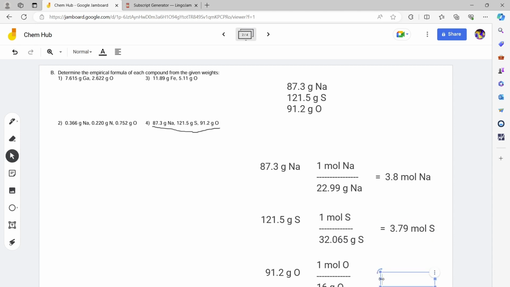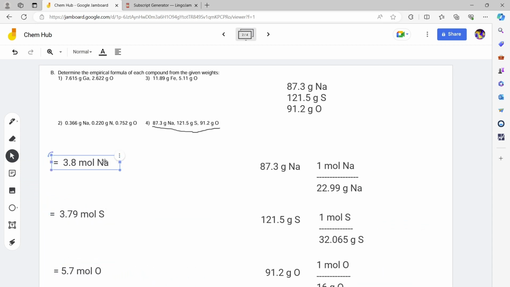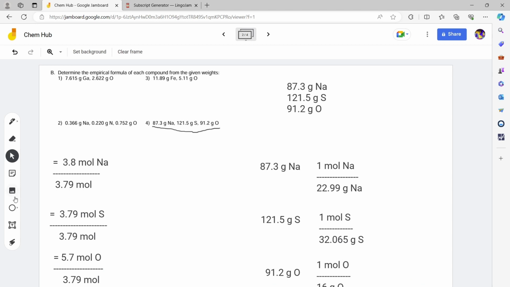And for the third one, we get 91.2 divided by 16, which is exactly 5.7. And so again, we're just going to move these values over, and we're going to divide them all by the smallest one. For this one, we can just approximate. We get 1. For this one, it's also 1. And for 5.7, we get 1.5.